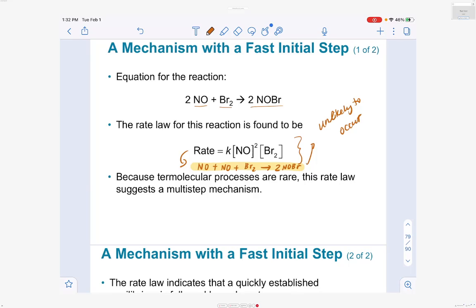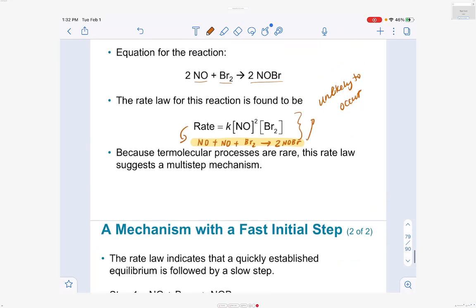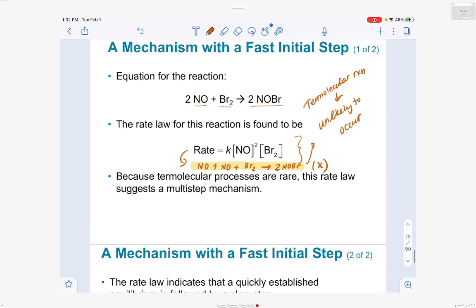So then we need to propose a different mechanism where it doesn't involve termolecular reactions. Okay. So this is unlikely. So what we proposed is not good. So we want to propose a better reaction mechanism.